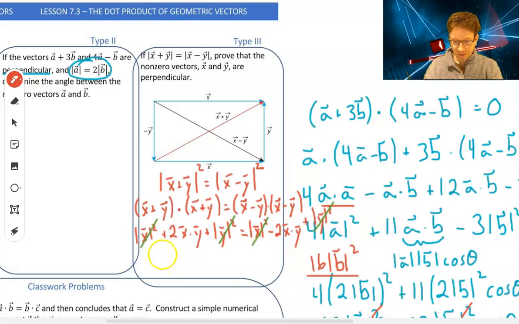Instead, I would get 4 x dot y equals 0. You can divide both sides by 4 and you're left with x dot y equals 0. So I've shown that the dot product between x and y is 0, and because they are non-zero vectors, I know that x must then be perpendicular to y.